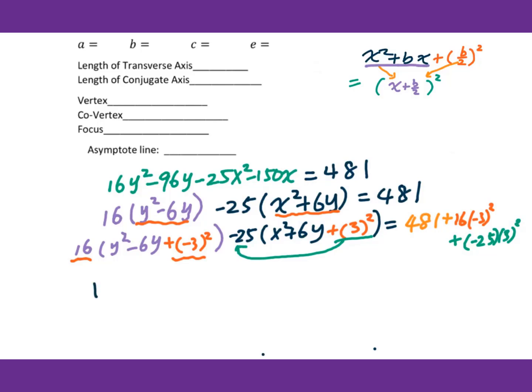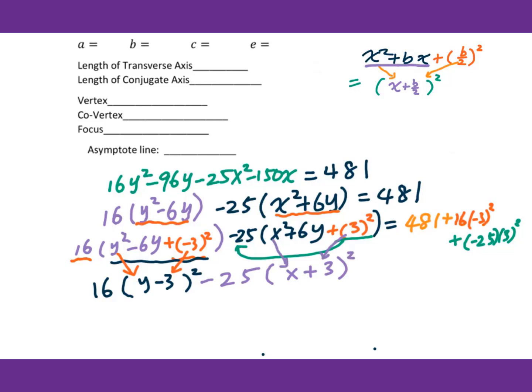Then you will get 16 times this one, which forms y minus 3 squared. Here you get y, and from here you get negative 3. So minus 25 times x plus 3 squared equals, we put this into the calculator, you will get 400.